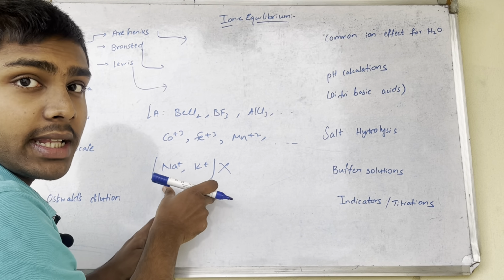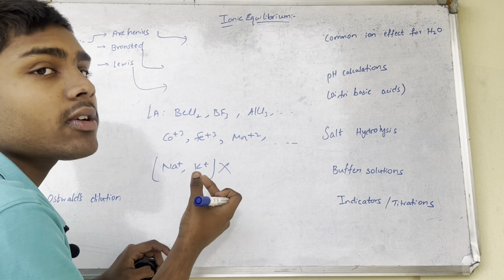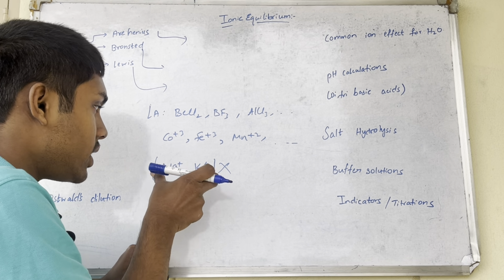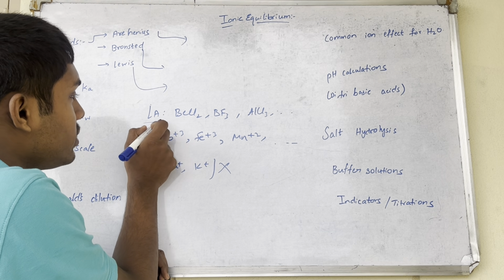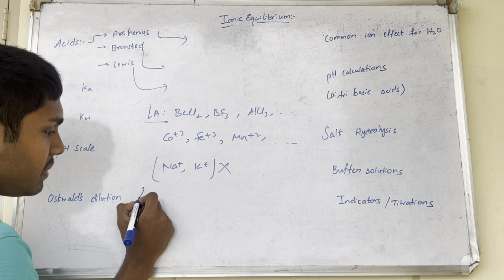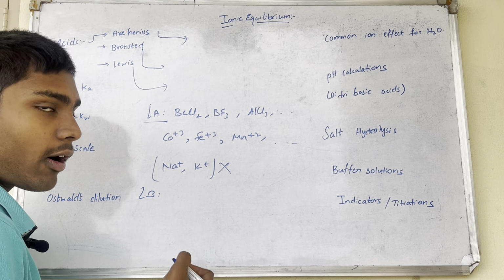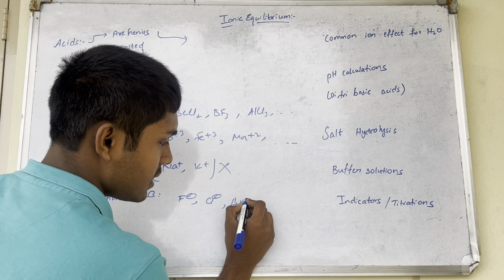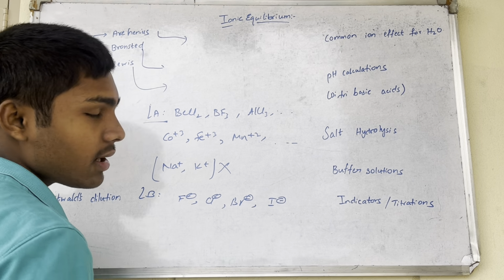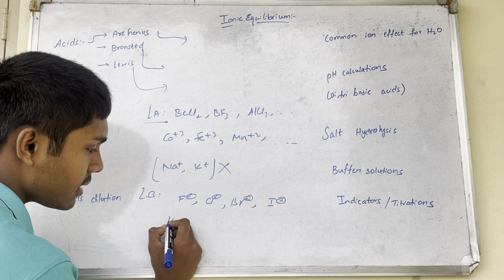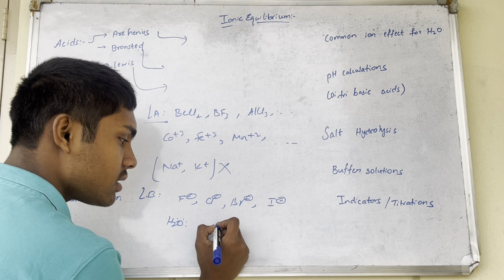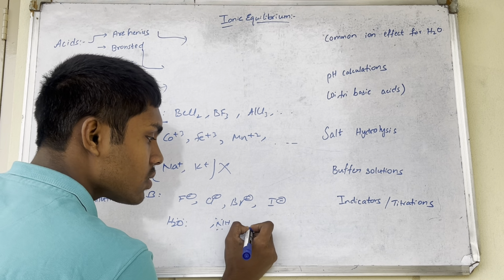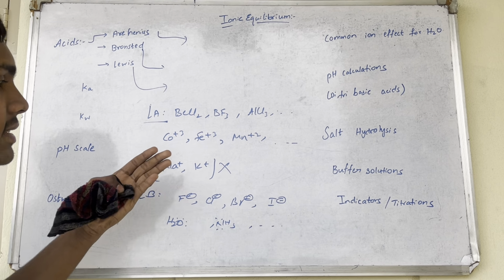They are completely filled, with neon configuration, so they do not count as Lewis acids. Remember that. Examples of Lewis bases are all the halide ions like F-, Cl-, Br-, I-, and also species having lone pairs like H2O, NH3, and so on.